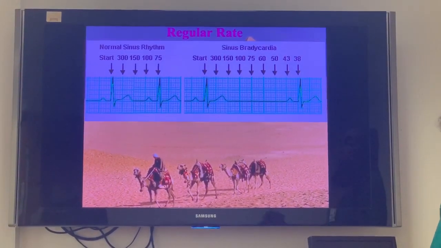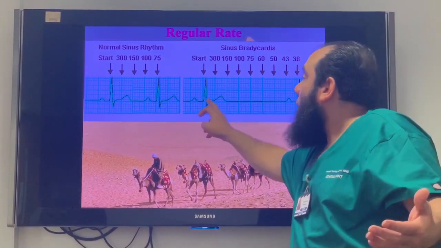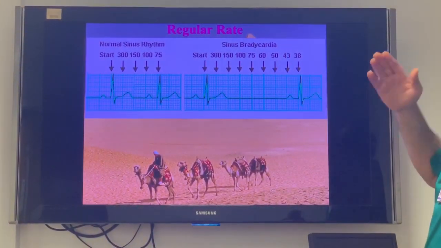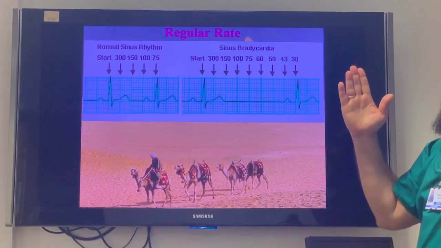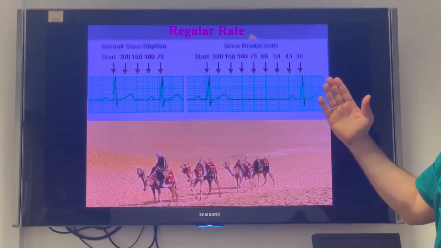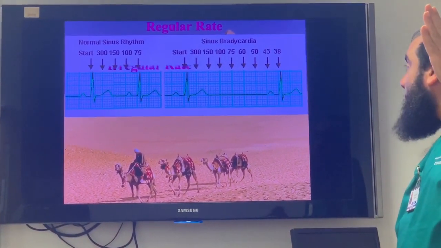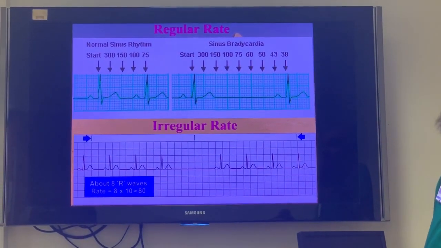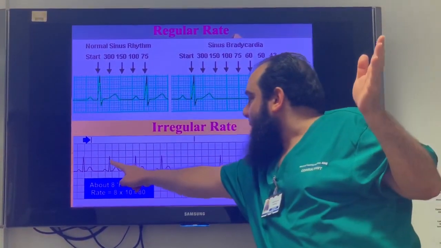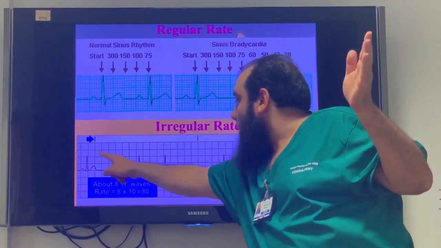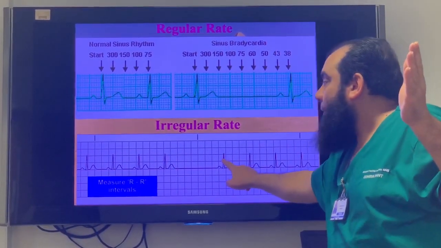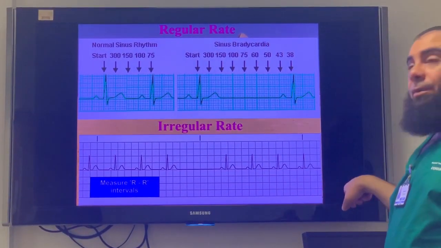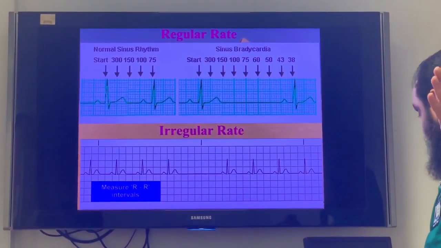It might be slow, it might be quicker, but at the end we judge by the interval between the R and the R, isn't it? Here is another example. It seems to be equal, but there is a big drop there. So you have to measure the R-R interval and check. Okay?